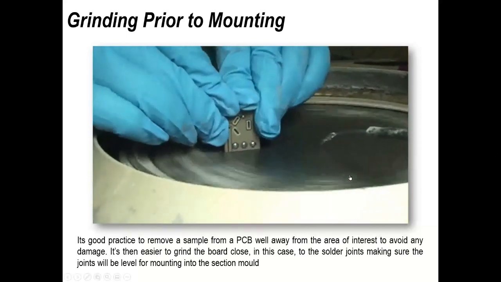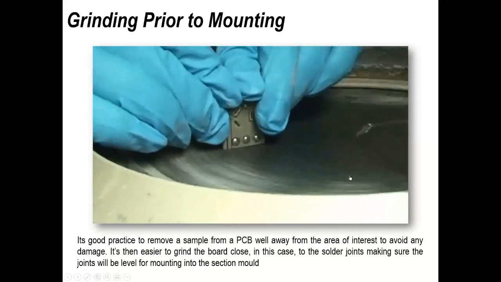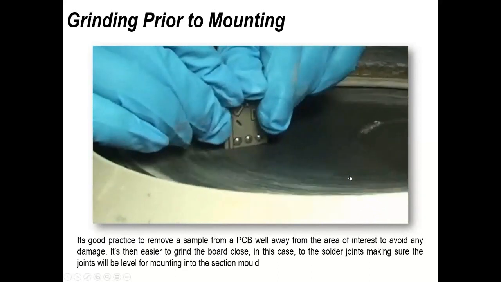So what you're looking at here is just us grinding closer to those three solder joints. So you can see we're probably 4 millimeters, 3 millimeters away, but we're just getting closer, and because you're grinding less material, it'll be quicker to do. And of course you can accommodate any movement.